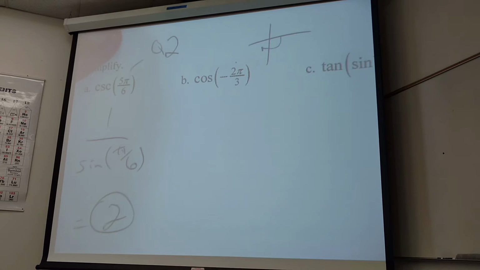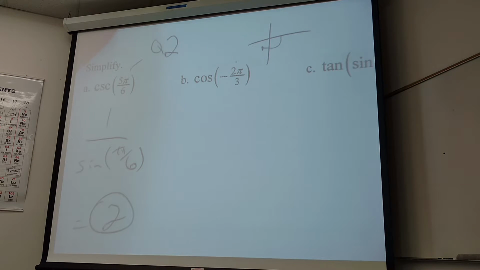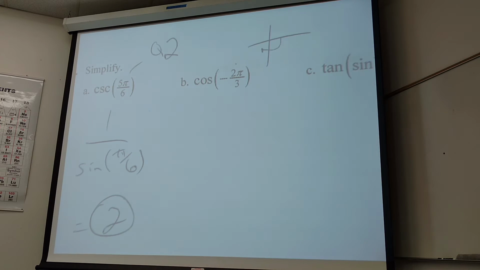Negative doesn't influence it, right? So you could use a trig identity. What's cosine of negative theta? Cosine theta. Ooh, I got some dissension.